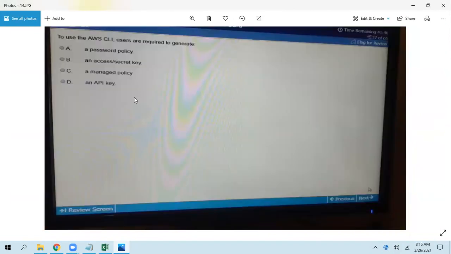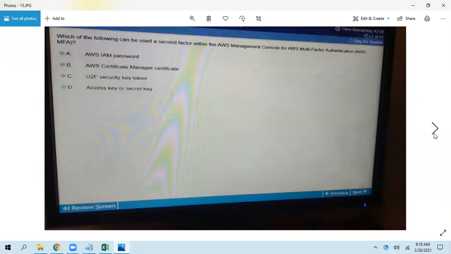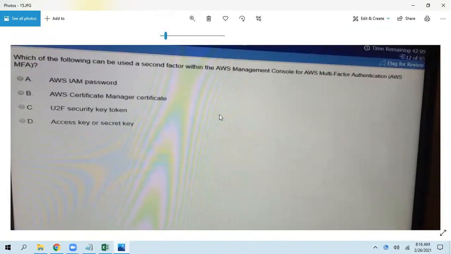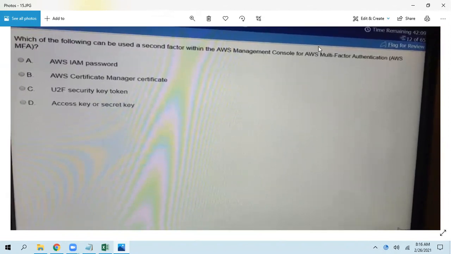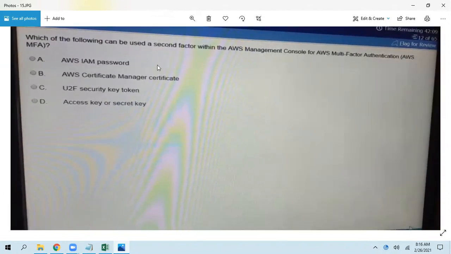To use the AWS CLI, users are required to generate what? B, access or secret key need to be generated. Which of the following can be used as a second factor within the AWS management console for MFA? Second factor is nothing but two factor.